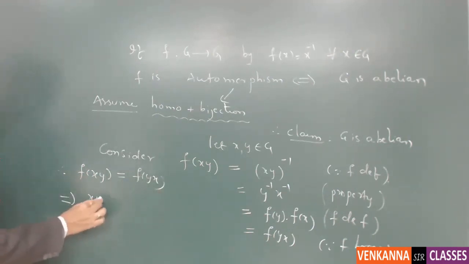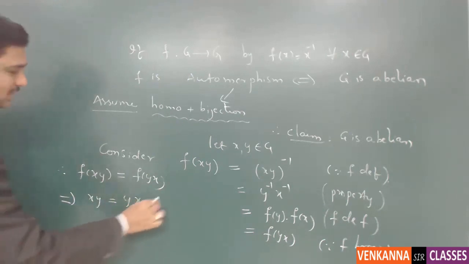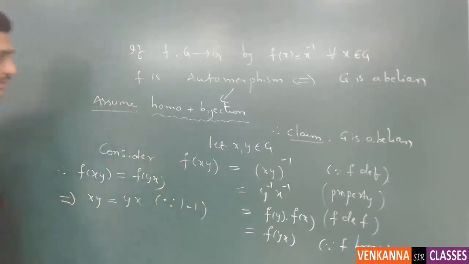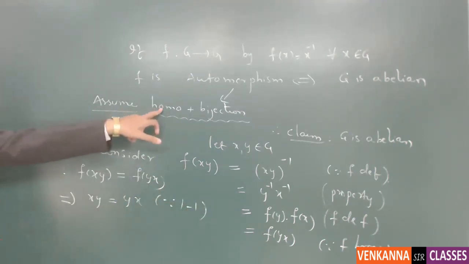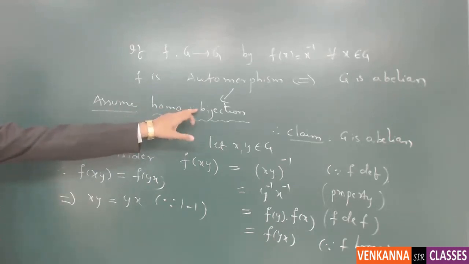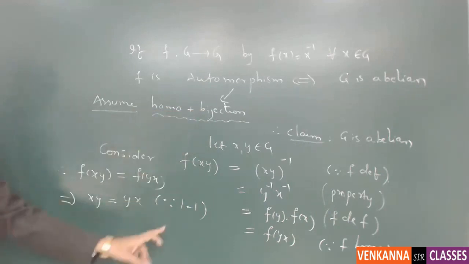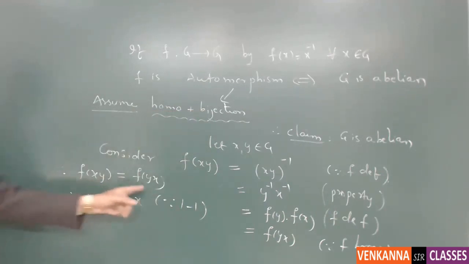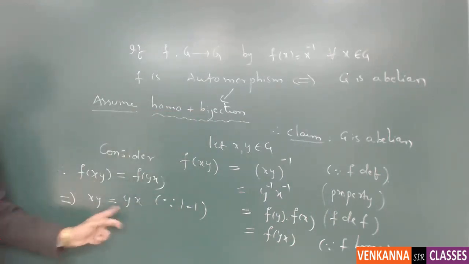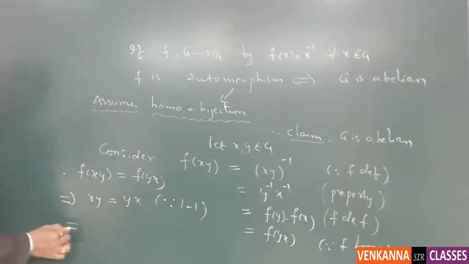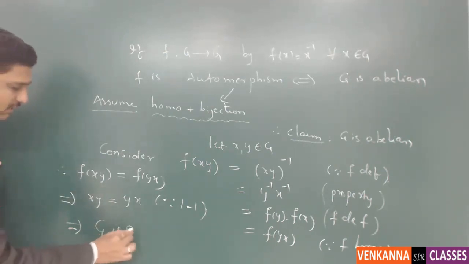Immediately you can say that xy is equal to yx since it is a one-one function. You have assumed that it is a homomorphism as well as a bijection. Since it is a bijection, it is a one-one and onto function. Hence, using the one-one property, as and when the images are equal, elements must be equal. So this gives that G is abelian.